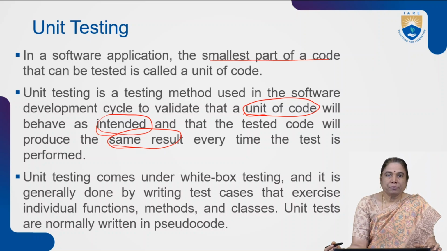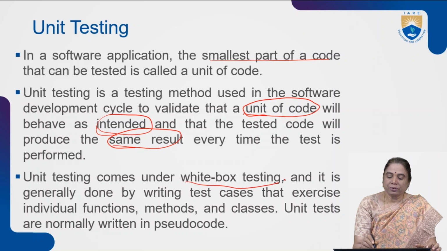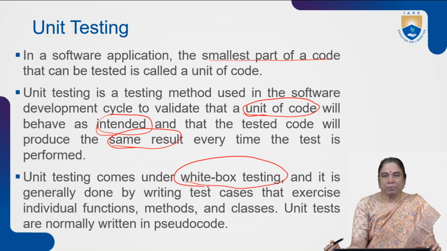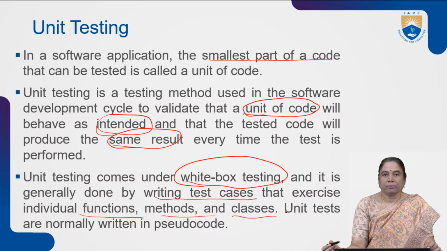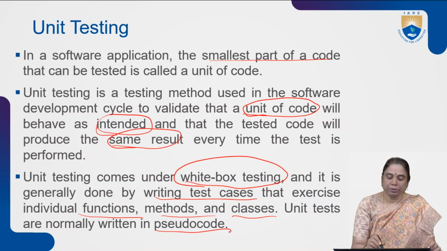Unit testing comes under the white box testing mechanism, which means the program structure is considered. It is generally performed by writing the test cases and exercising individual functions, methods, and classes. Unit tests are normally written in pseudocode.